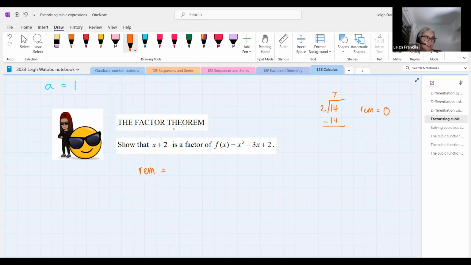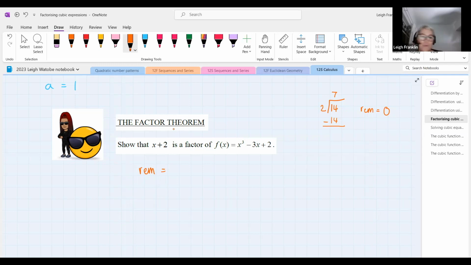In this situation, x plus 2 is a factor of f of x. So because it is a factor of f of x, we get 0 as our remainder. In the same way, 2 is a factor of 14. So when I divide 14 by 2, I get a remainder of 0. That's what I was trying to say.